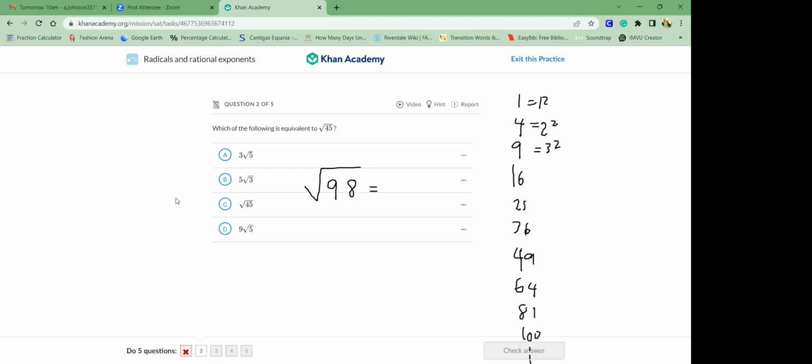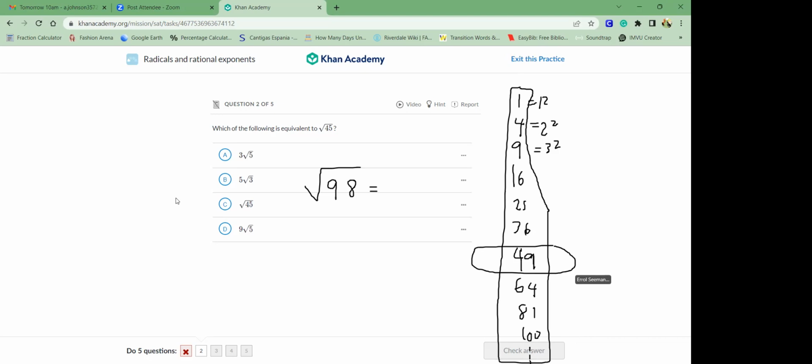What's the biggest perfect square that goes into 98? Root 49, right? Root 49 times root 2 is what? 7 root 2. Get the idea? The idea is just to break it into multiple radicals and then simplify one of them. Okay, all right, let's go to the next one.